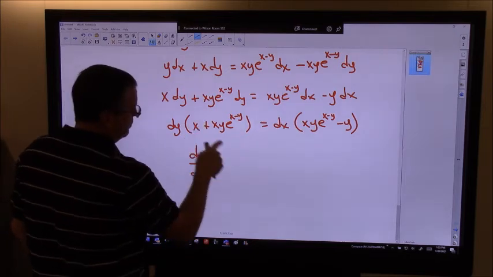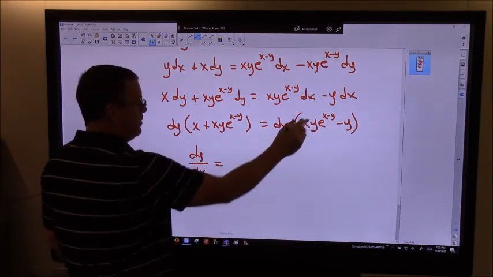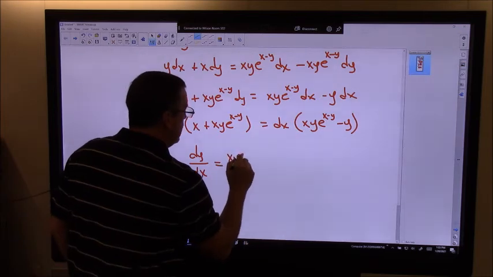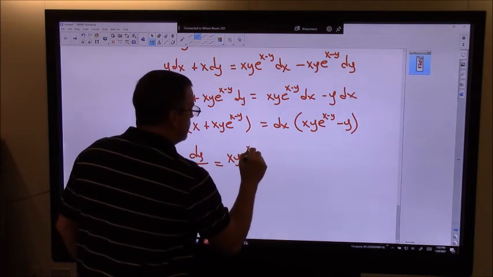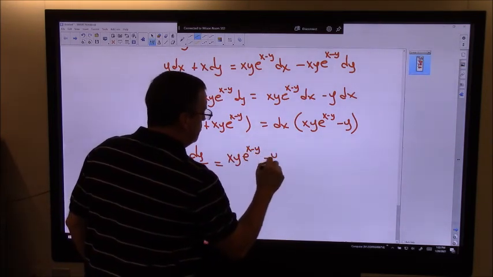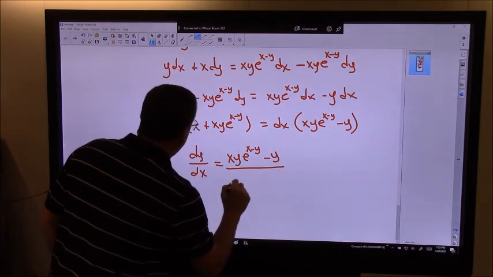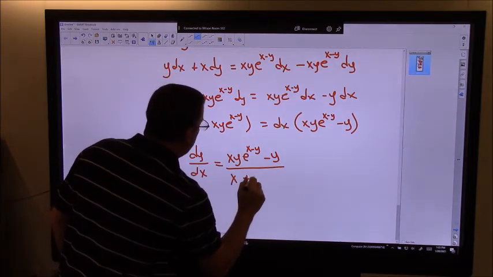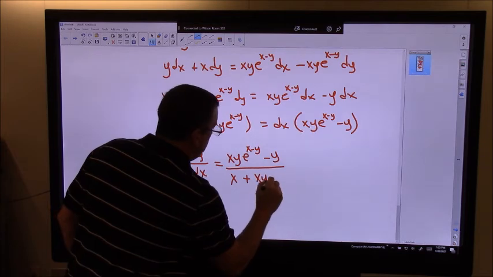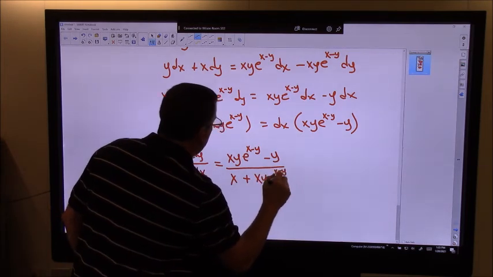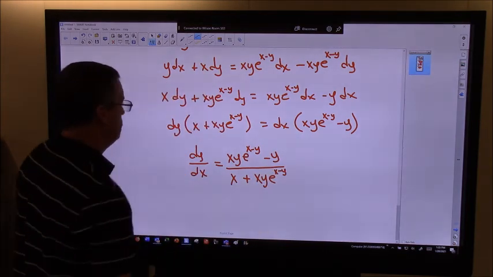That means I have to take this over to this side and divide. So I've got xy e to the x minus y over x plus xy e to the x minus y, and that's it.